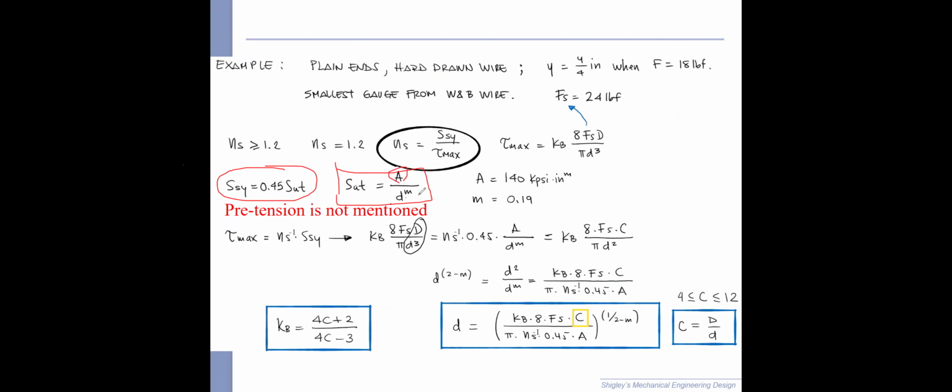We can check the table to find these two parameters for this material. So we find that A is 140 and m equals 0.19.